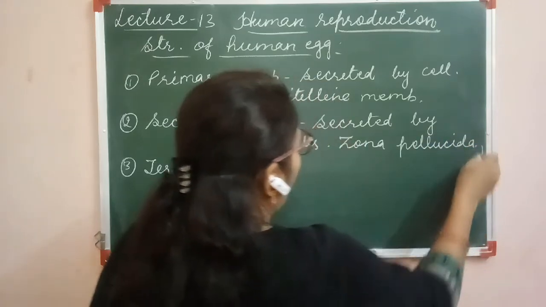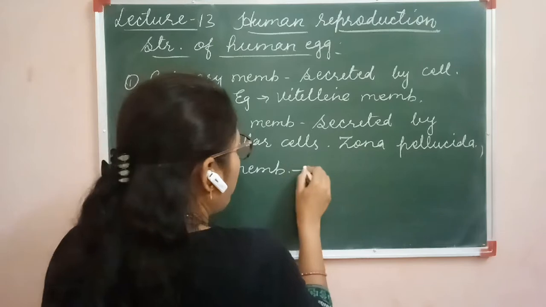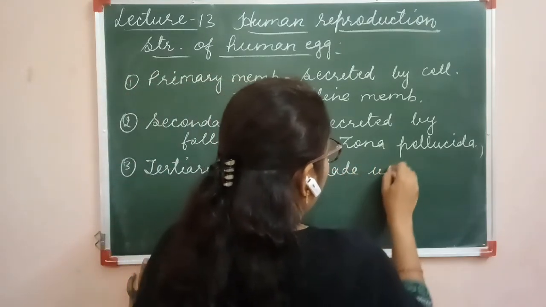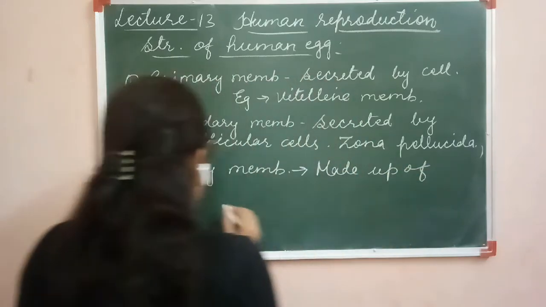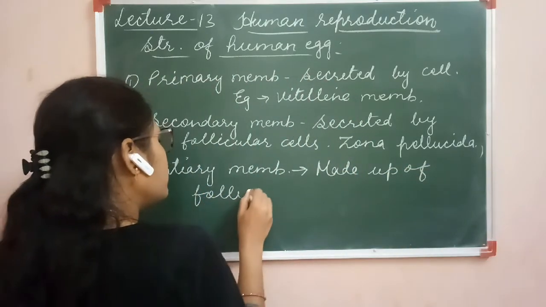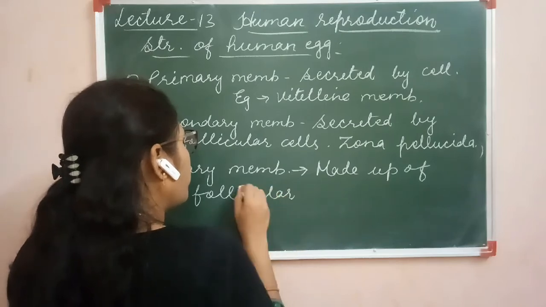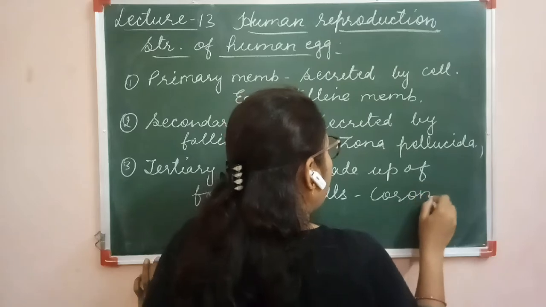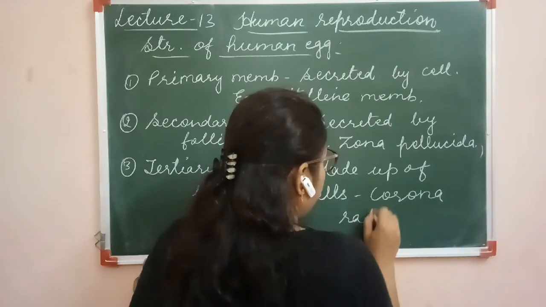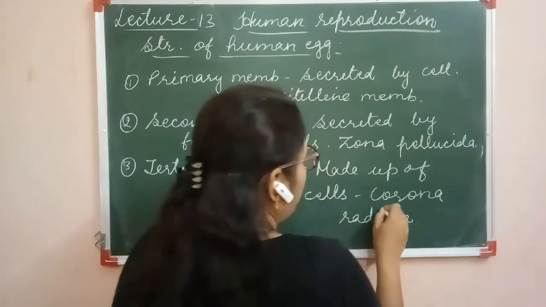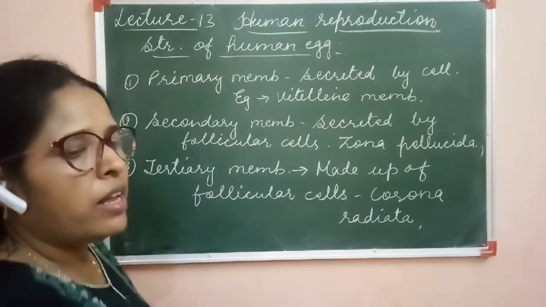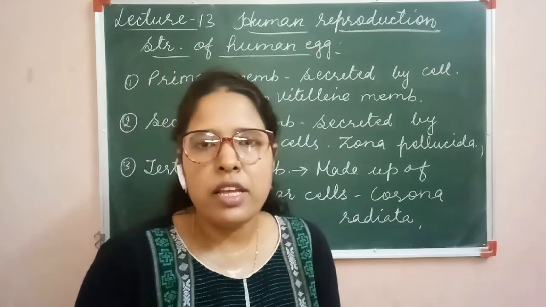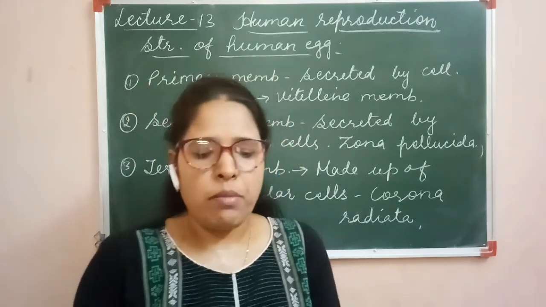And the third membrane is made up of follicular cells, and it is the membrane of corona radiata. Clear? So these are the three membranes of egg which surround the egg, that is primary, secondary and tertiary membranes.